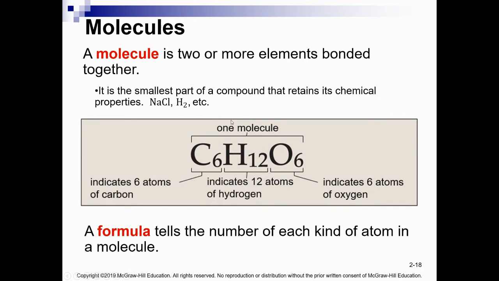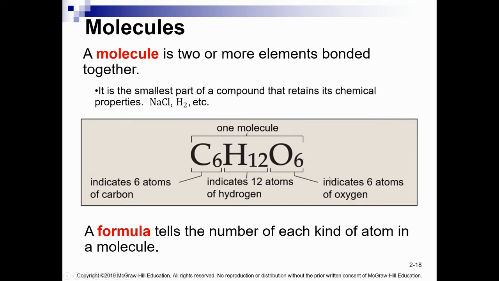This is a chemical formula for glucose, and what it tells us is which atoms and how many of them come together to form this molecule. So this tells me I have 6 atoms of carbon that are bound together with 12 atoms of hydrogen and 6 atoms of oxygen.